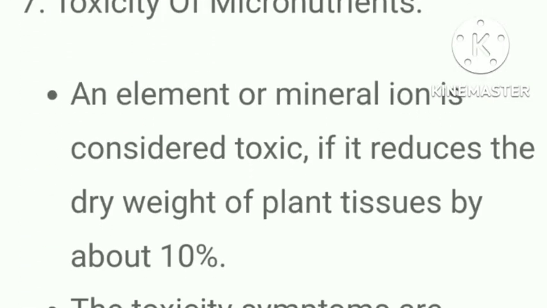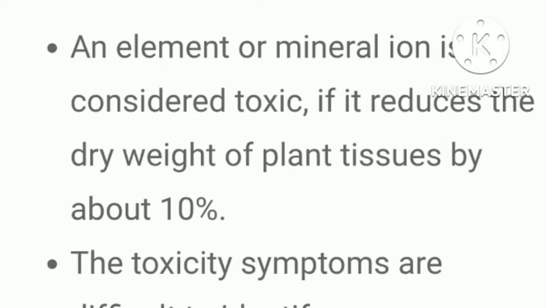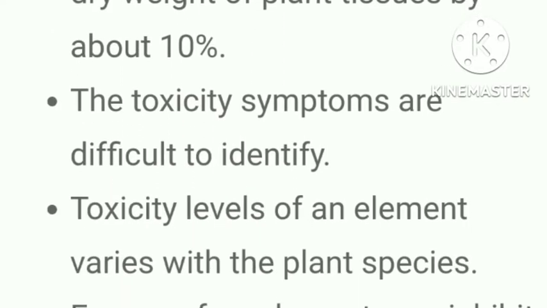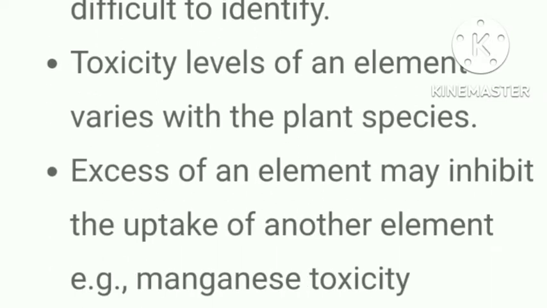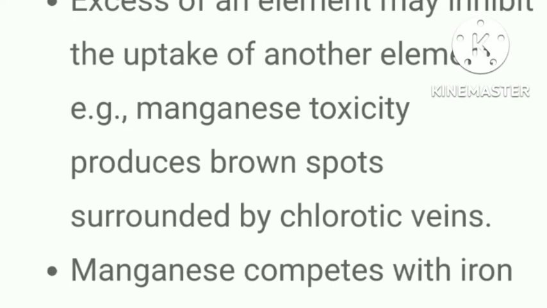Next, toxicity of micronutrients. An element or mineral ion is considered toxic if it reduces the dry weight of plant tissues by about 10%. The toxicity symptoms are difficult to identify. Toxicity levels of an element vary with the plant species. Excess of an element may inhibit the uptake of another element.